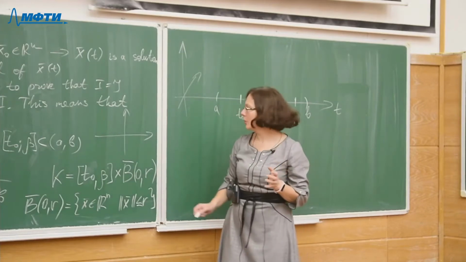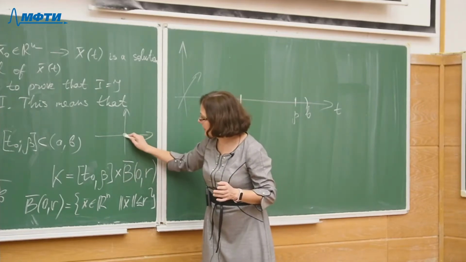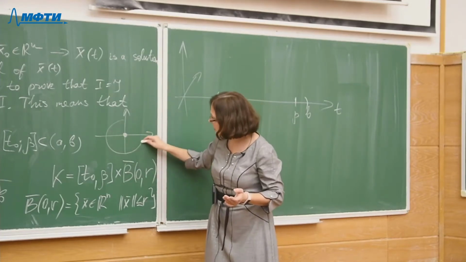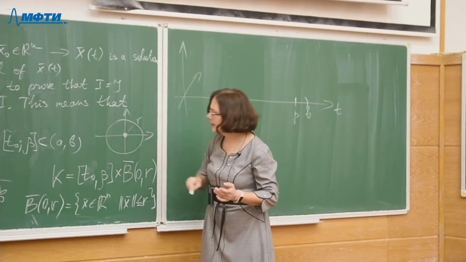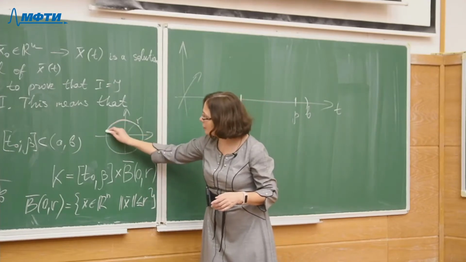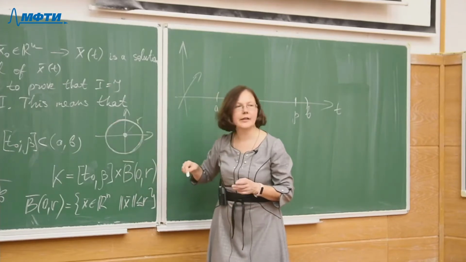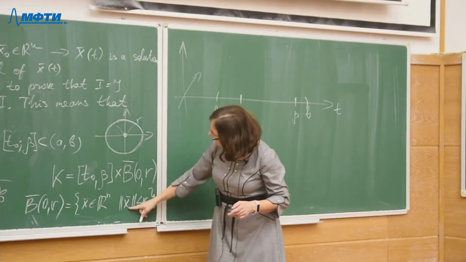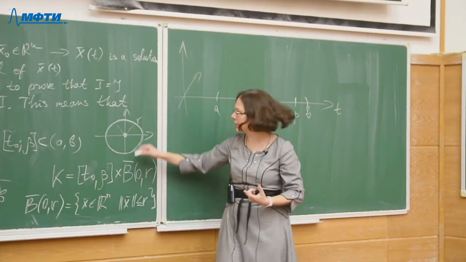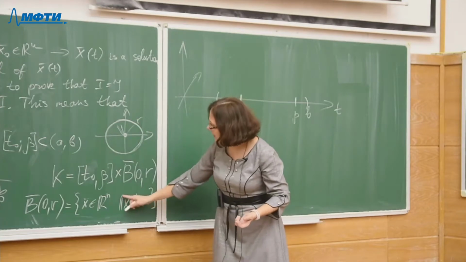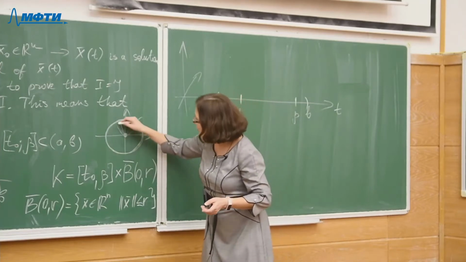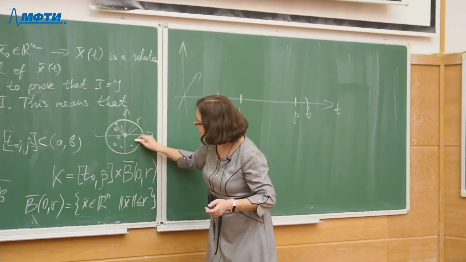The closed ball: the center must coincide with the origin, right? And the radius is r, and it must be closed, so less than or equal to, with the boundary included. All the points such that the distance from the point to the origin cannot be negative. So this is the norm. The norm is non-negative. So the set of points that are inside this disk.